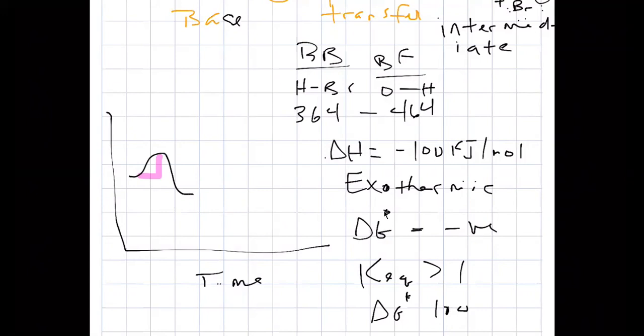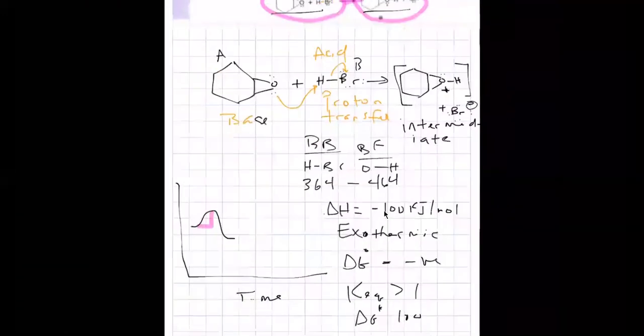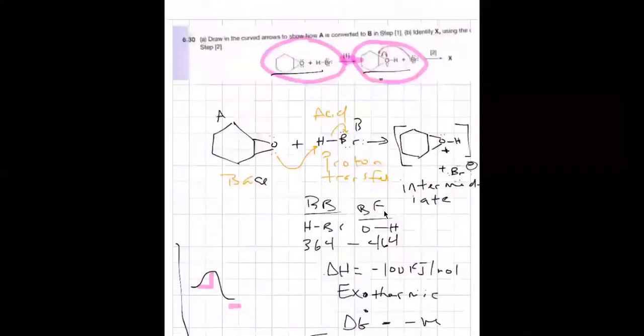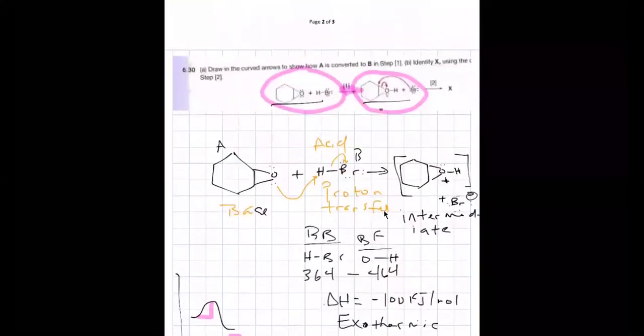Yes, sir. Okay. So now, this part right here, that's my intermediate, because this reaction is not done, right? If you look at the reaction, this is the intermediate that you get from the first step. And then there's another reaction that has to happen in the second step. Are you following?